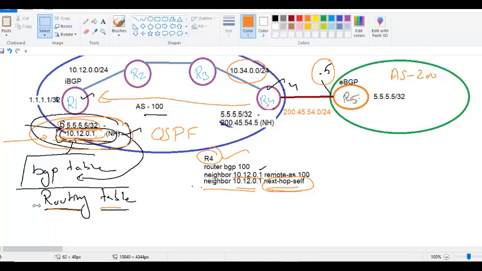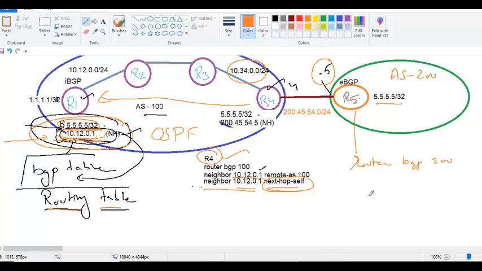If you have already built this topology, why don't you try now? Last time I gave you an assignment: EBGP, IBGP LAN. Now today this is the assignment. On R5, you need to advertise this network. How will you advertise? Say router BGP 200, not the neighbor command.